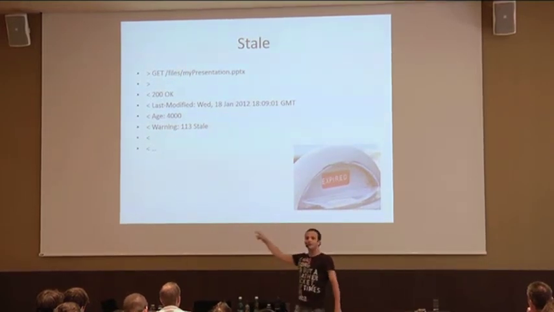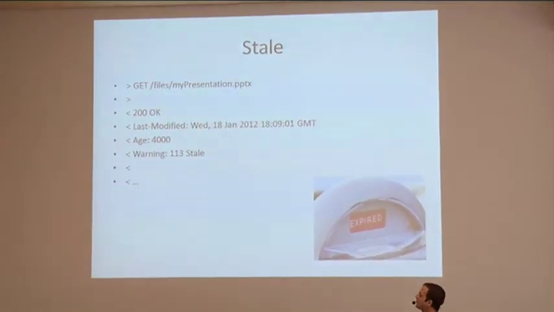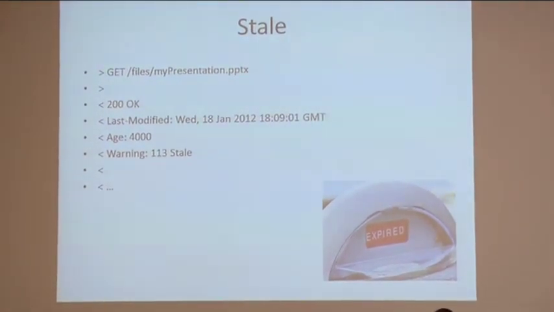And you see another warning header that tells you, ooh, pay attention because that data is not exactly up to date. We've got a status code for the warning as well of 113. That means that the data is stale. This is allowed and this will happen. There is no magic wand that will make caching go away.